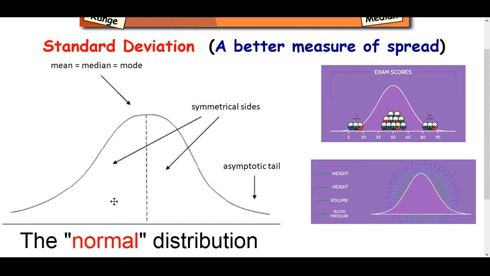Most people congregate around this middling area, and this happens with people's weight, height, blood pressure and things. Most people are about the average, and at the far ends it tails off. So this is what's called a normal distribution, and generally standard deviation works with a normal distribution.